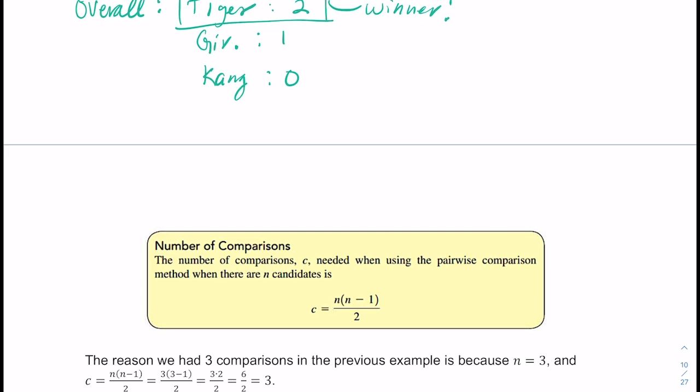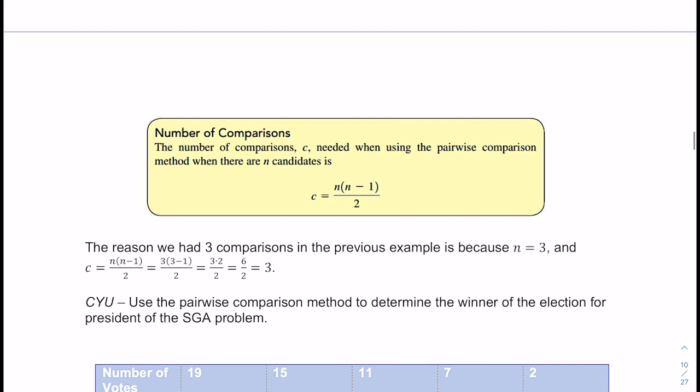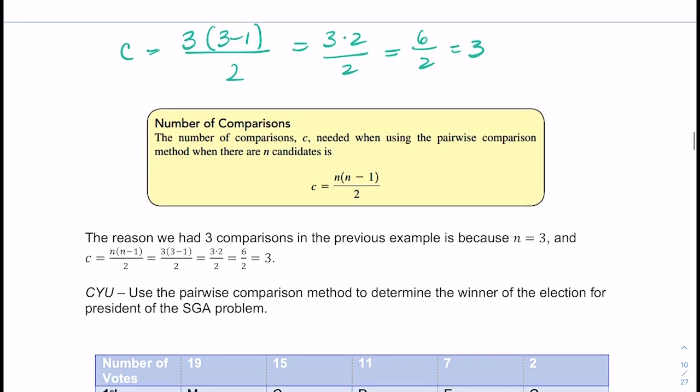The reason that I had 3 different pairwise comparisons is because there were 3 animals or candidates. So I'm going to do 3 times 3 minus 1 over 2. 3 minus 1 is just 2, 3 times 2 is 6, and 6 over 2 is 3. So that's how I got 3 pairwise comparisons.